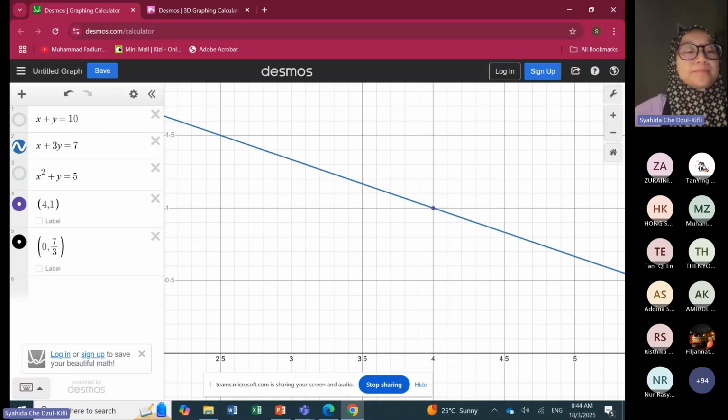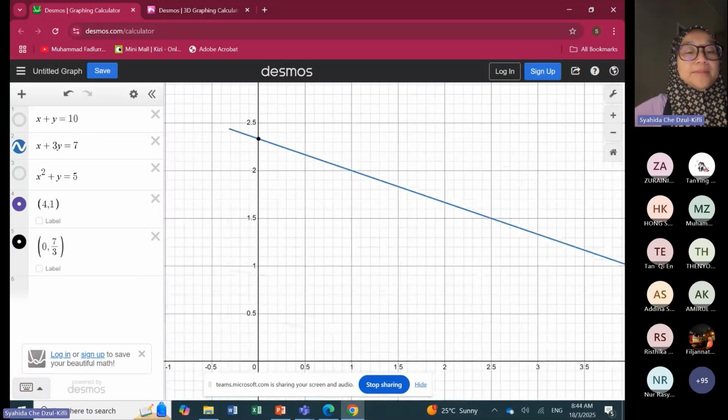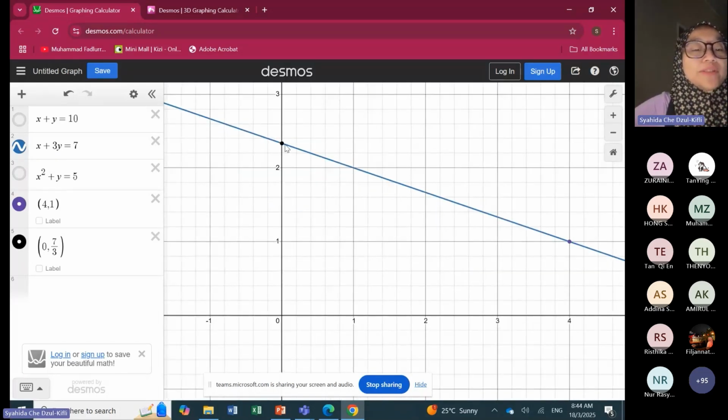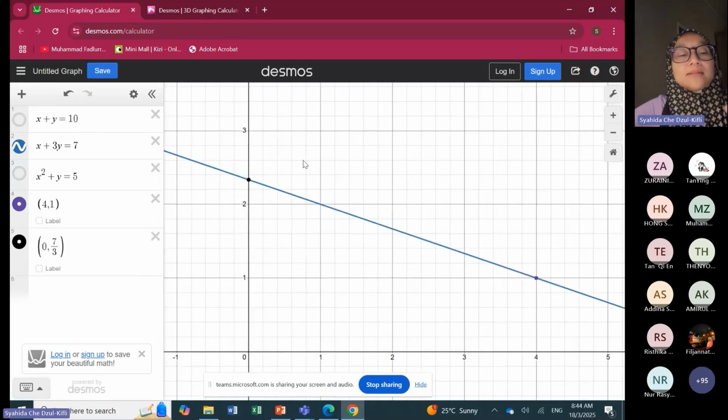Where's the point? Here. x equal to 0, y equal to 7/3. So we can see from the graph that these 2 points are lying on the straight line. Therefore, geometrically, we can see that these 2 points are 2 solutions of the linear equation.